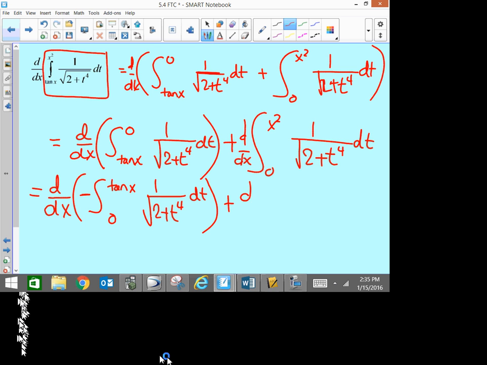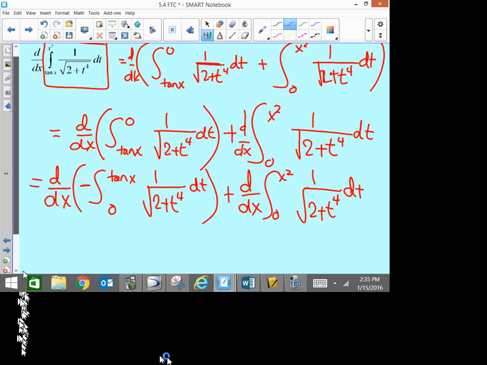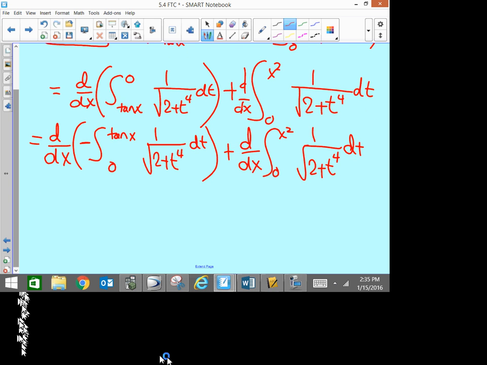I negated, so I can switch my limits around here. Now we should be ready to go. Now you see why it doesn't really matter what number I would use. I could have used pi, I could have used e, I could have used 12,000. Just throw some number in there. It doesn't matter because it's moot.